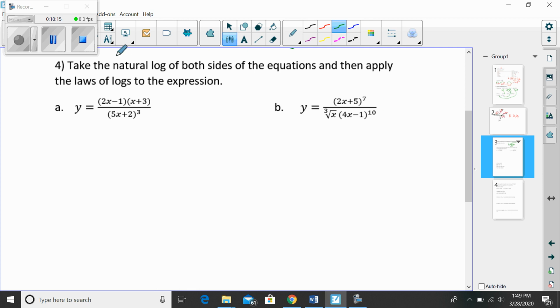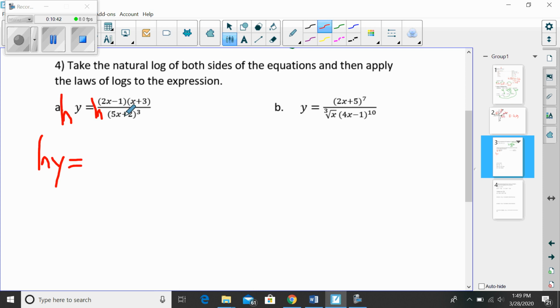However, if you take the natural log of both sides, so when we're working with an equation, when we do the same thing on both sides, as long as we do that, then that's legal. That keeps the equation in balance, okay? So if I were to take the natural log of both sides, I get the natural log of this whole thing.